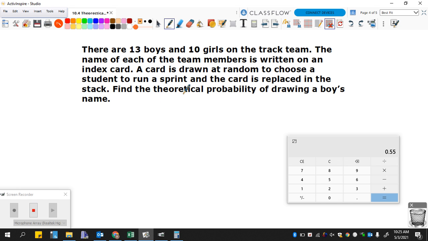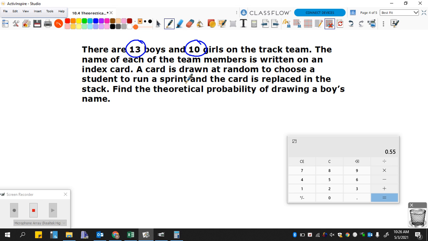There are 13 boys and 10 girls on a track team. The name of each of the team members is written on an index card, and a card is drawn at random to choose a student to run a sprint, and then the card is replaced in the stack. Find the theoretical probability of drawing a boy's name. Well, there are 13 boys and 10 girls.